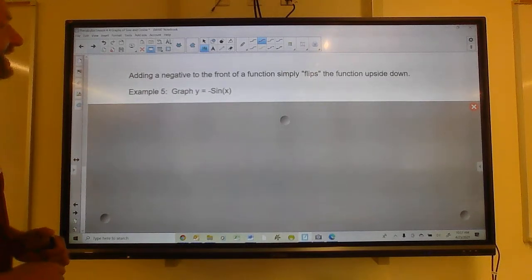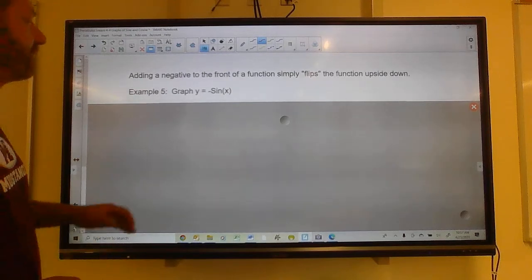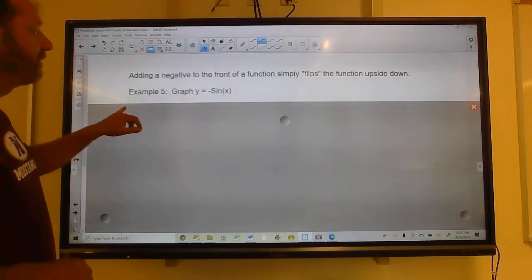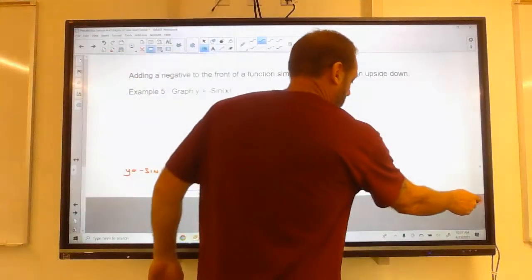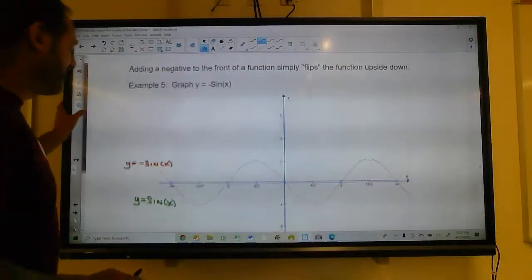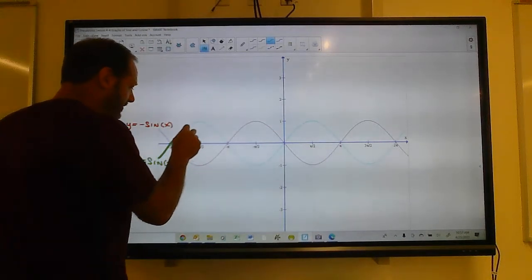Adding a negative to the front of a function just flips that function upside down. So if I want to graph y equals negative sine, that's going to take my sine function, which is this green one.